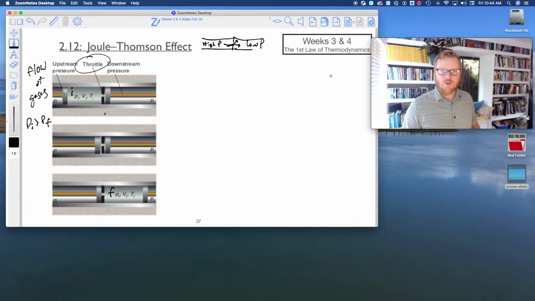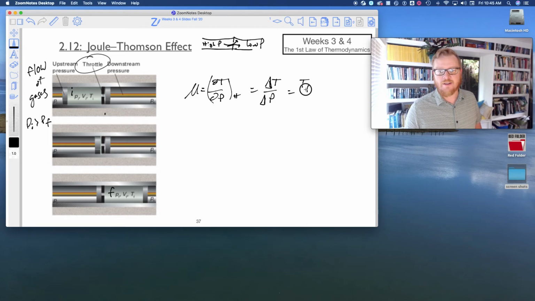Okay? So what does all of that mean, and what's going on with this? Okay, well, we said Joule-Thomson mu is partial of T, partial of P at constant H, which is the same thing as saying delta T over delta P, or which is saying T final minus T initial over P final minus P initial.